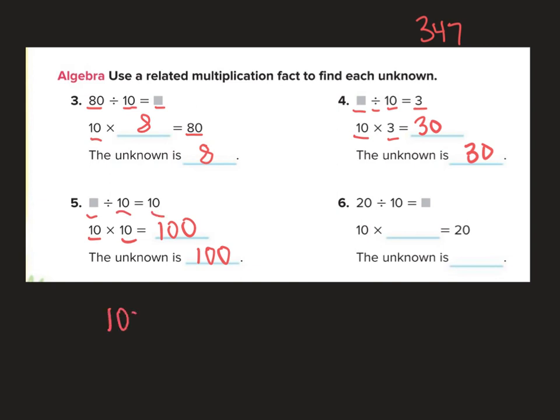If I do that little pattern I was talking about, when I divide by 10, I take away a 0, so I'd get 10. Okay, so what about this one? Now I do know the biggest number. 20 divided by 10 is what? I'd say 10 times what is 20? 10 times 2 is 20. So the unknown in this situation is 2.